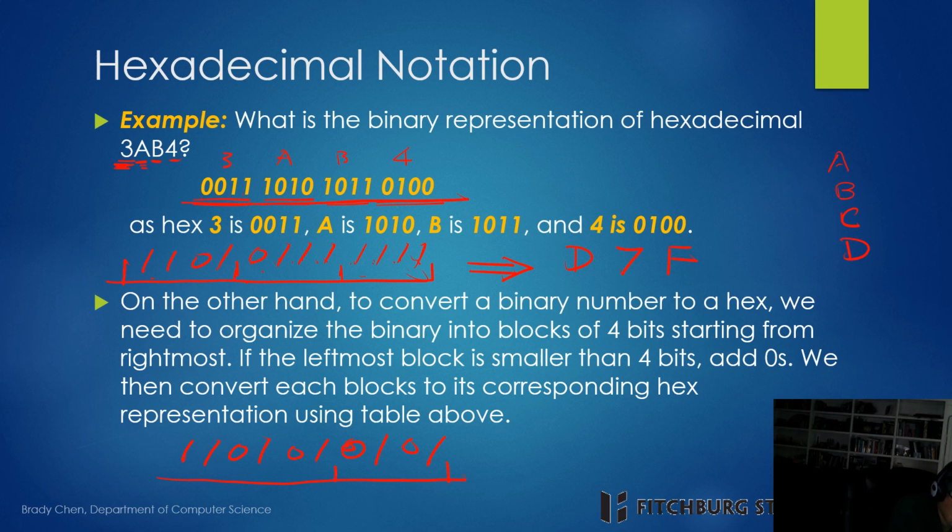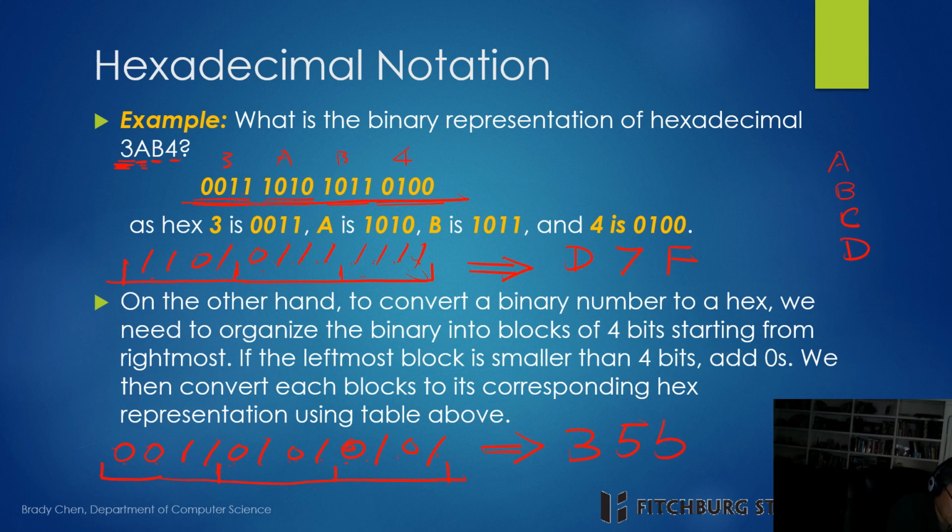So 0101, and then 0101, and then you only have 2 binary digits on the left. So then you can add 2 zeros over here to make it 4 bits. So now you can convert this. 0011, that's 3. 0101, that's 5.